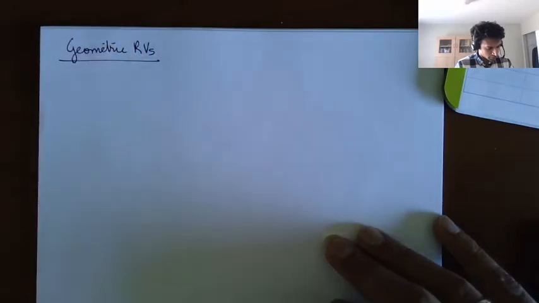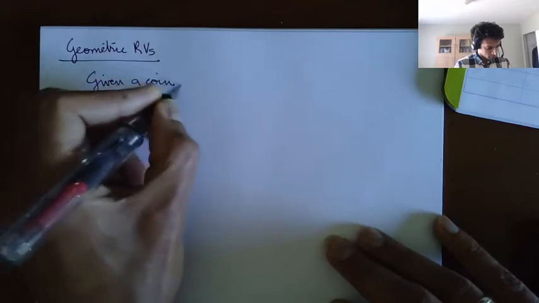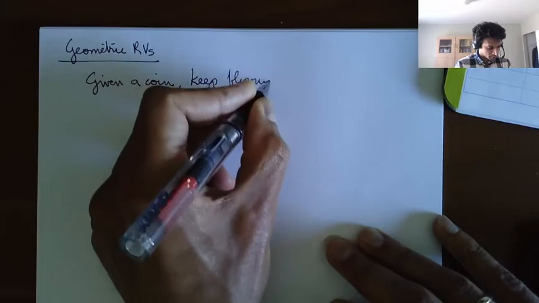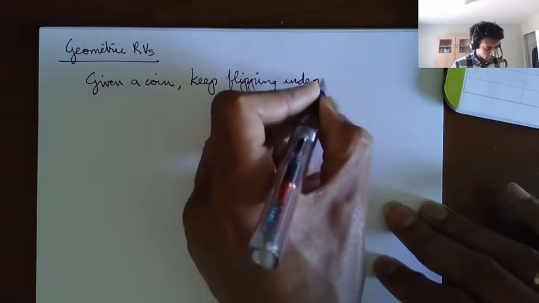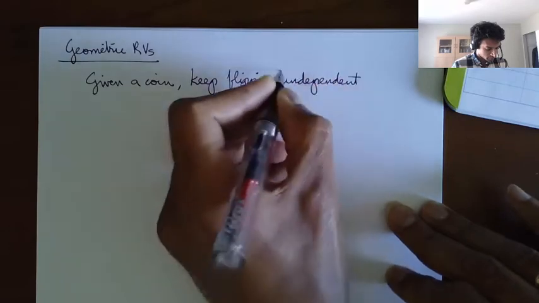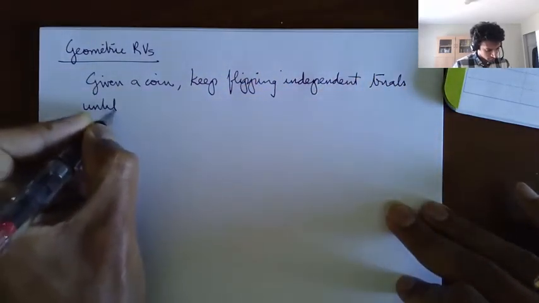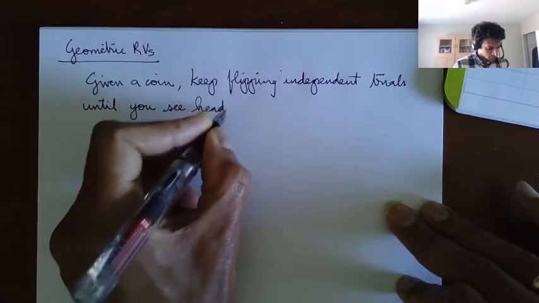Geometric random variables. So given a coin, keep flipping independent trials until you see a heads.